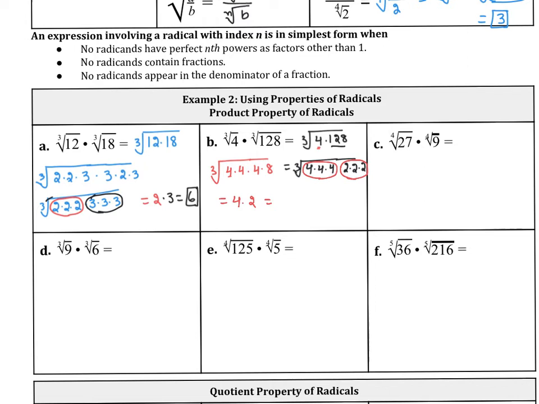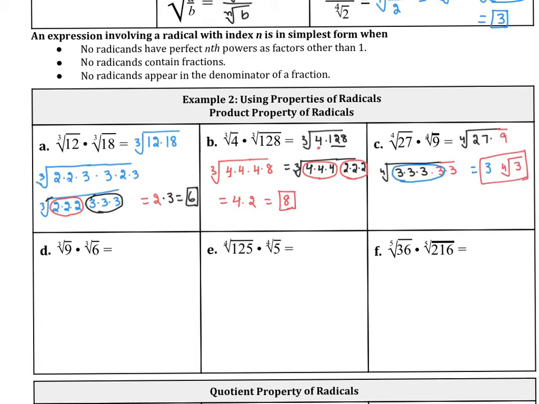So the answer should be 4 times 2, and that's 8. If you notice, when you multiply 4 and 128, it becomes 512. And for 512, you have a list already created that cube root of 512 is 8.